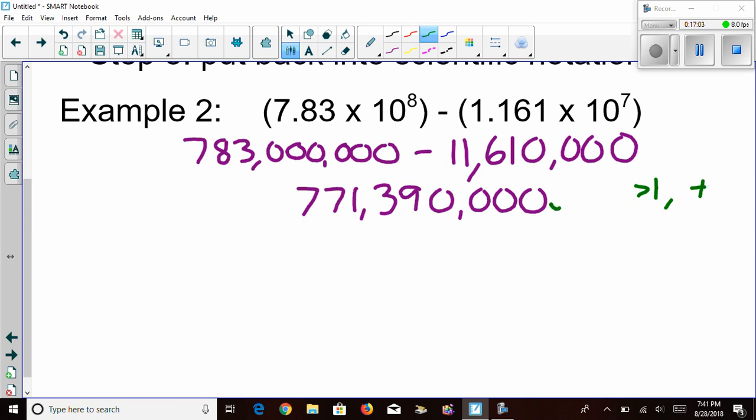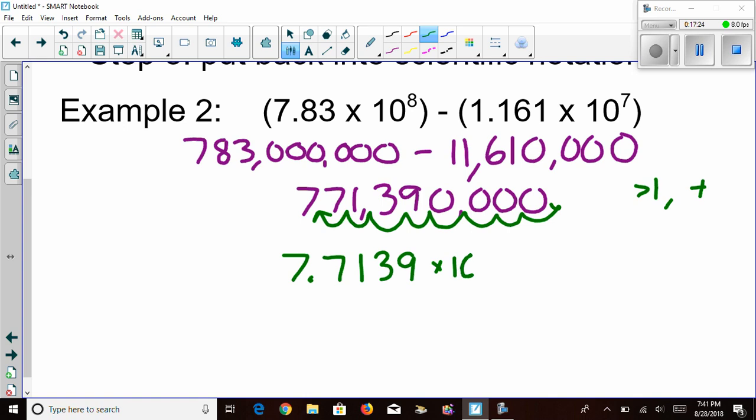So when I move this 1, 2, 3, 4, 5, 6, 7, 8 spaces, I'm now going to say 7.7139 times 10 to the positive 8.